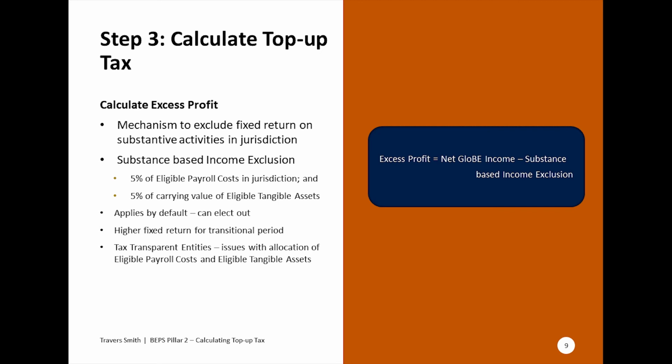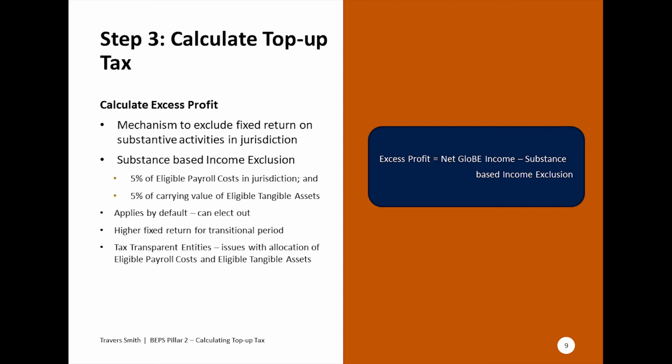There is an issue in relation to tax transparent entities here. And the issue is that income of a non-ultimate parent entity, tax transparent entity, so a tax transparent entity lower down in the group, not at the top, that entity's income is allocated to its constituent entity owners.